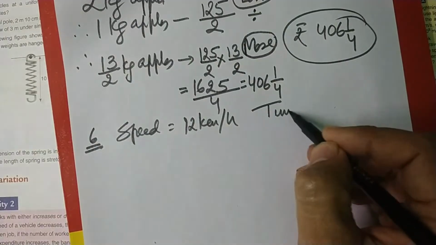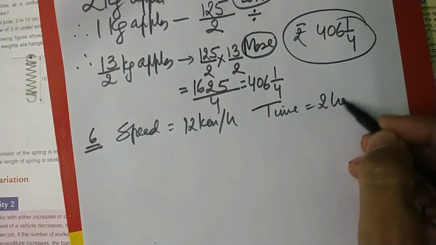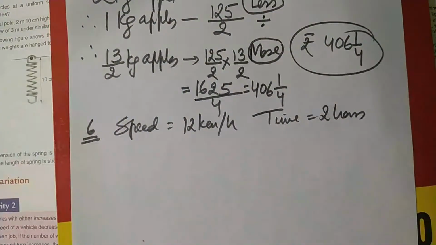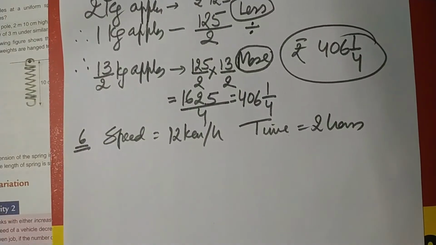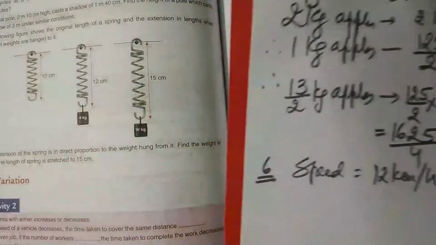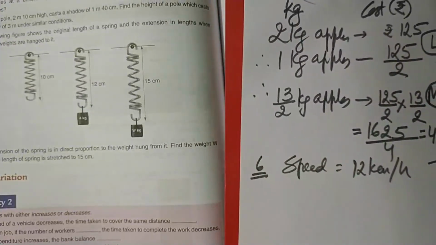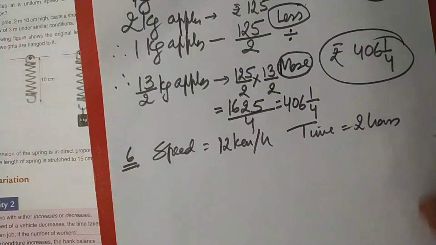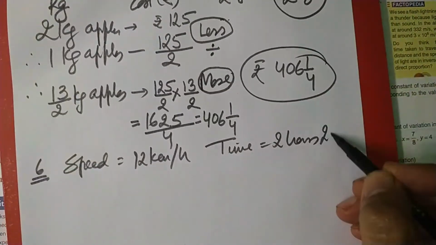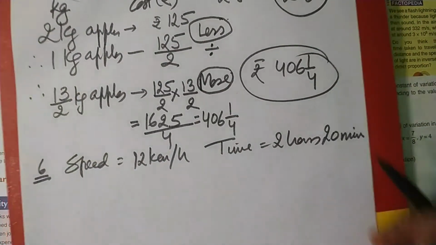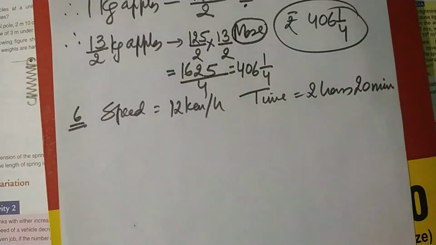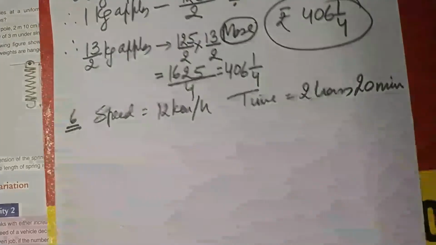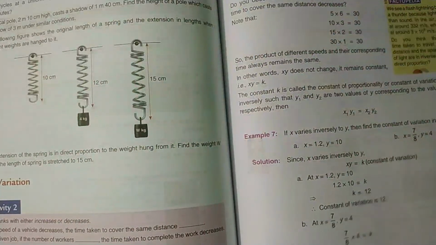Then it is written time is 2 hours. He is cycling at a speed of 12 km per hour. How much distance will he cover in 2 hours? And 2 hours 20 minutes.